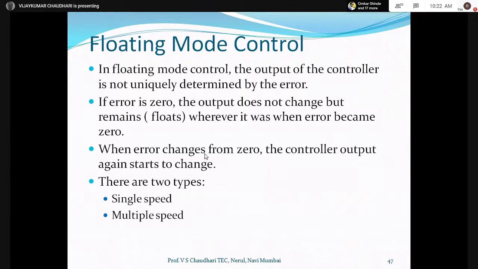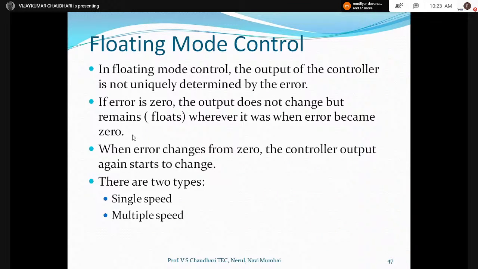Here, some different concepts. If the error is zero, the output does not change but remains wherever it was when the error became zero. So it remains at the previous value, right? Whatever is the value, it remains at that if the error becomes zero, rather in between that neutral zone, right? If the error is in the neutral zone, the output will not change, but stays at the value where it was at the instant of entering the neutral zone.